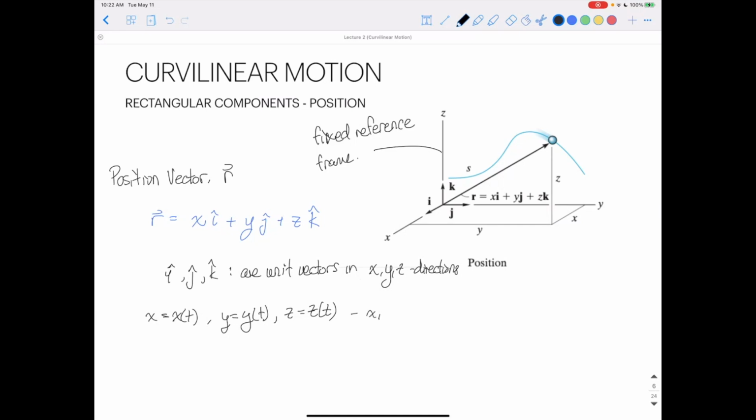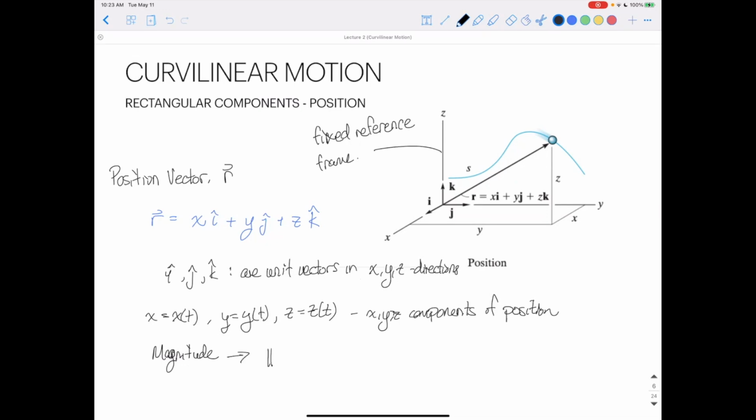So these are our x, y, z components. So we described before the magnitude. Think of magnitude as distance, the total distance away from an origin. So the length of a vector is the magnitude.